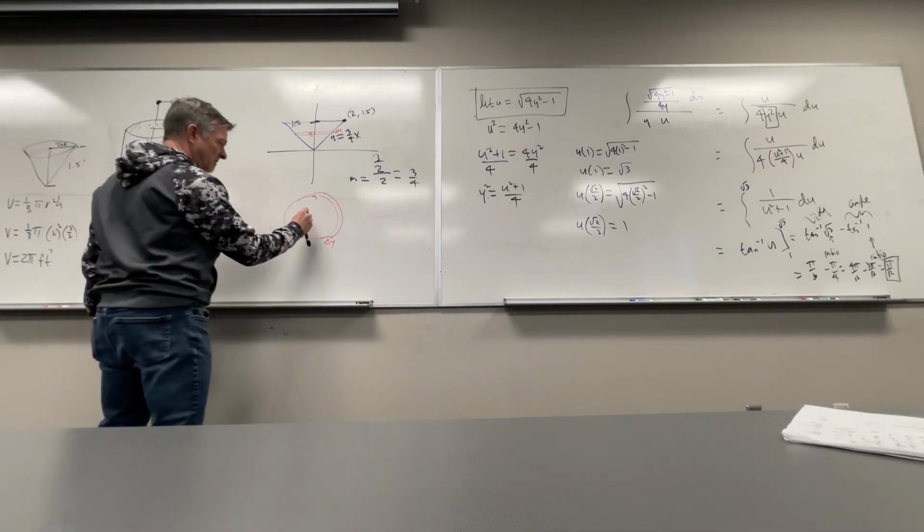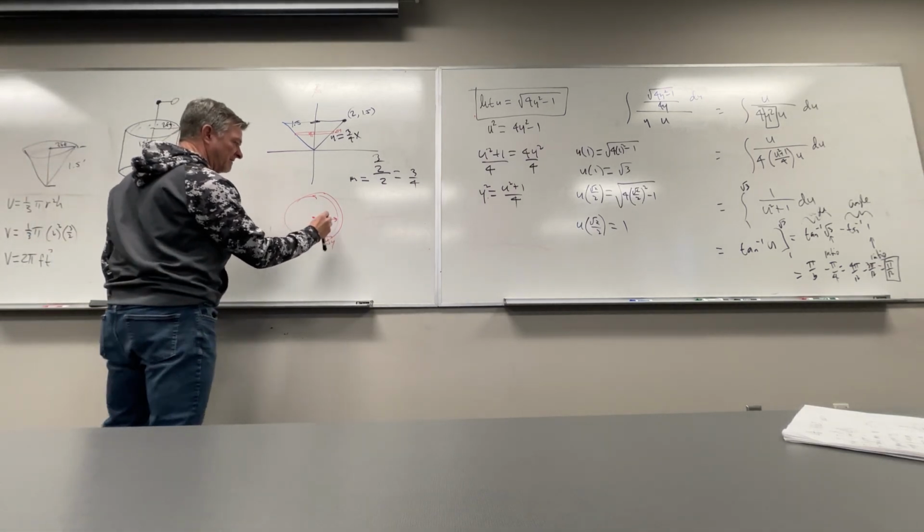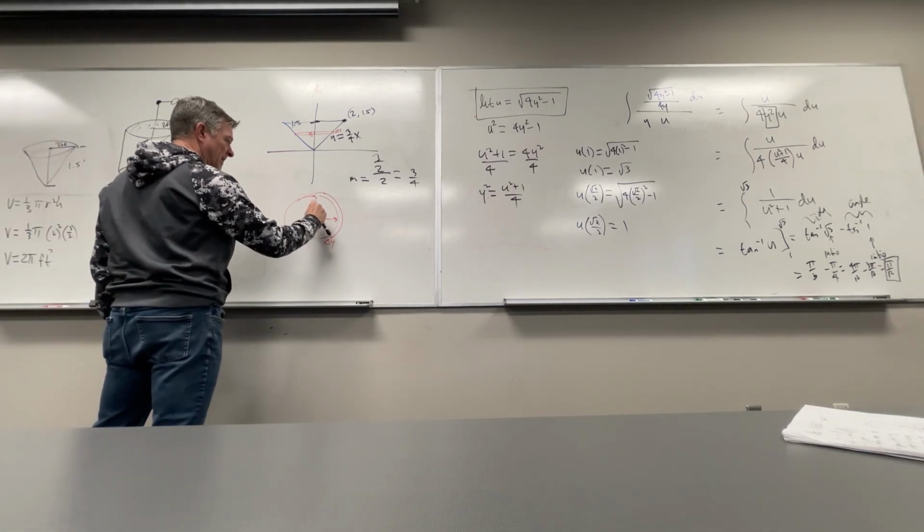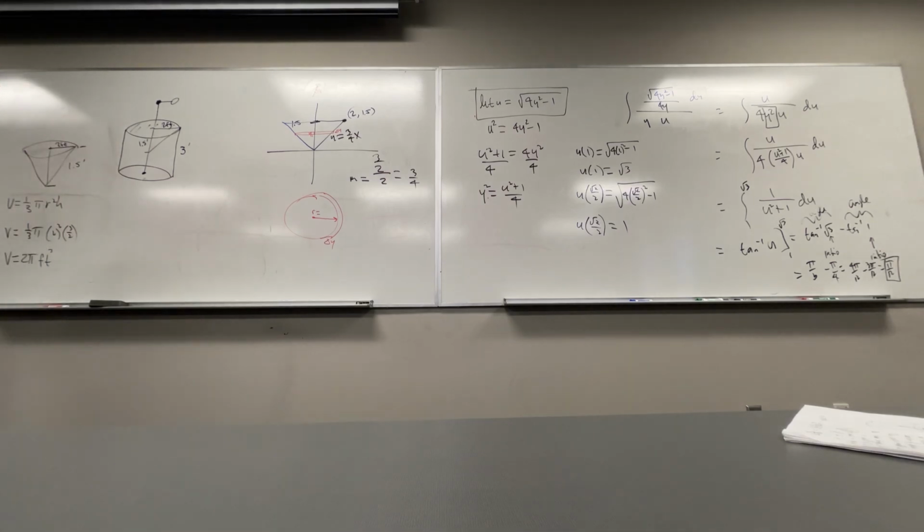Let's see. What would the radius of that disc be? I think it'd be whatever, 1.5, the radius of the cone. Well, but it changes, doesn't it? As we go from the bottom to the top, it changes.